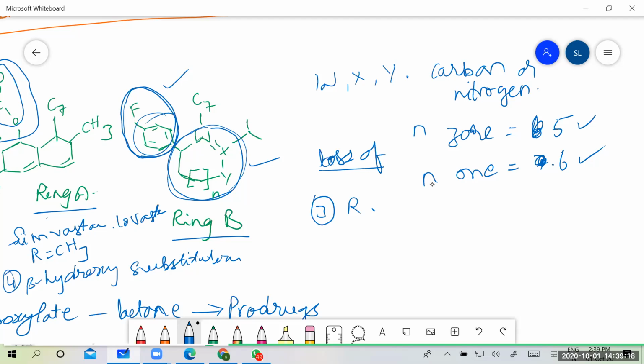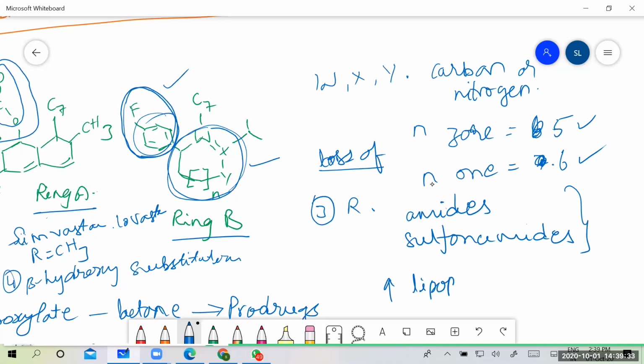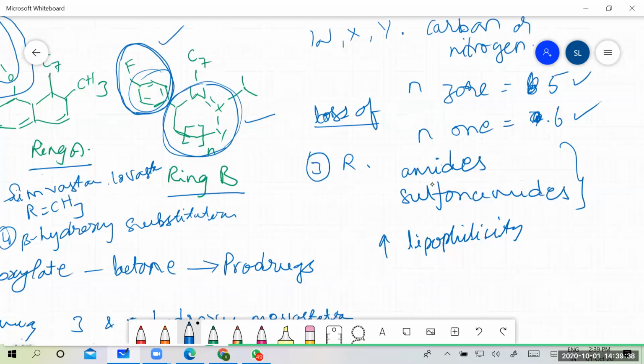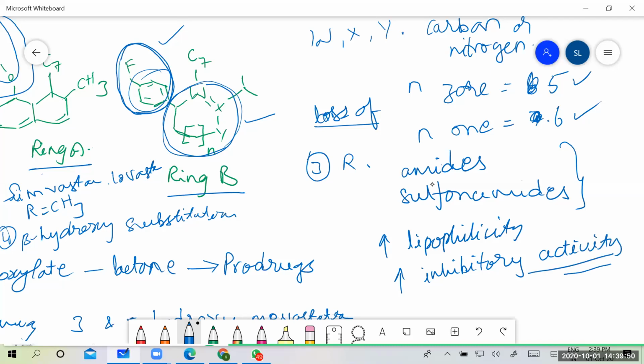If you have the hydrocarbon chains or amides or sulfonamides, these all will lead to an increase in lipophilicity, and not only that, they can also lead to an increase in inhibitory activity. So this is with respect to the SAR of HMG-CoA reductase inhibitors.